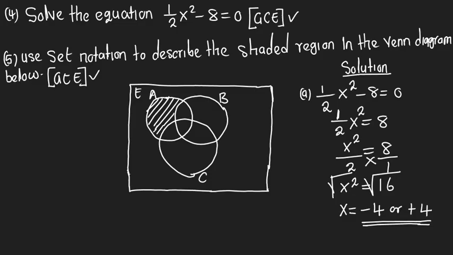If B and C are not shaded, what type of relationship are they sharing? It is a union, because the entire set of B and the entire set of C are not shaded.